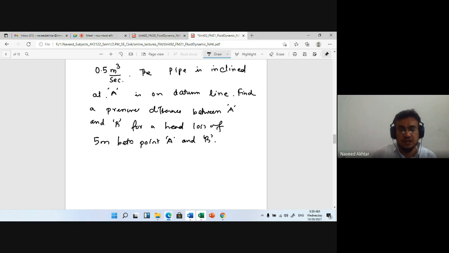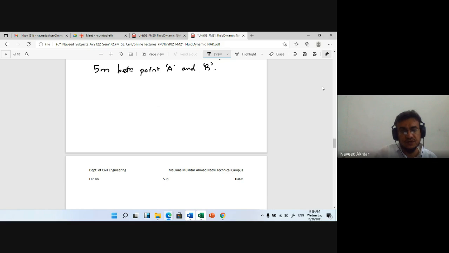So this problem, if you see, is such that the cross section of the pipe is changing and the bottom is also changing, it is not horizontal, and the flow is also not uniform because the pipe is converging.